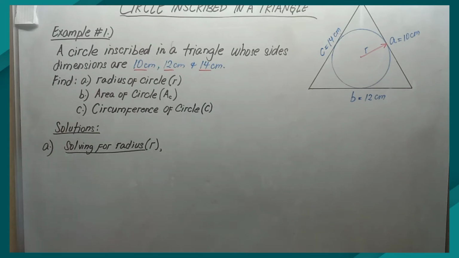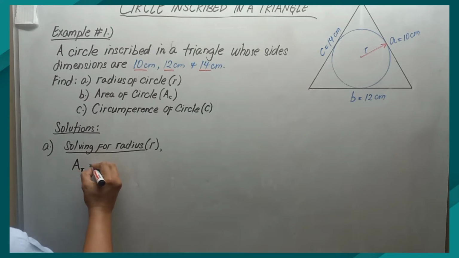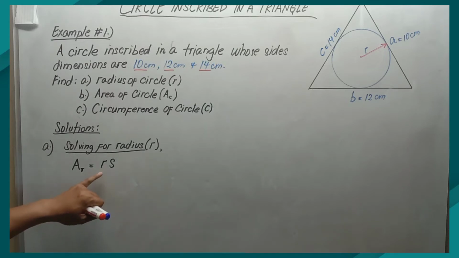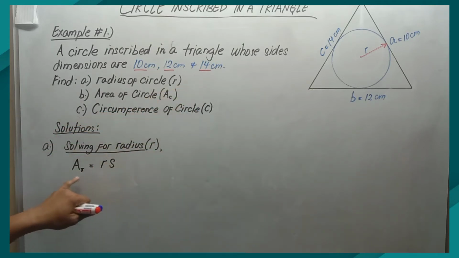As we studied just now, the area of a triangle is our standard equation: area of a triangle is equal to radius times S. Now, in order to find the radius of the circle, we need to calculate S, meaning the semi-perimeter of the three sides, and the area of the triangle.